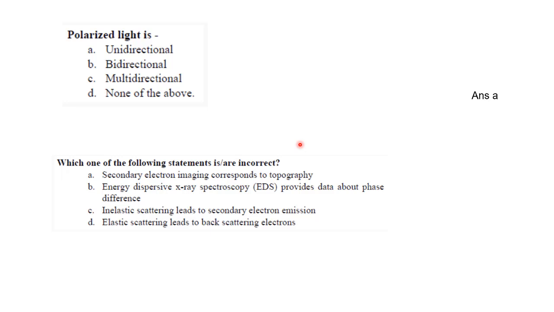Actually, I have not included SEM, the electron microscopy, because of time constraints. But I think you have learned about this in the modules, so I hope you can answer this. In the previous session, I also tried to explain the interaction of the electron with the matter, so depending upon that, you can try to answer this question.